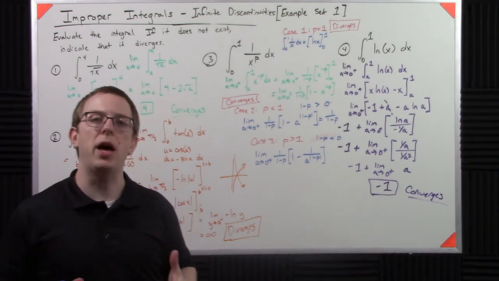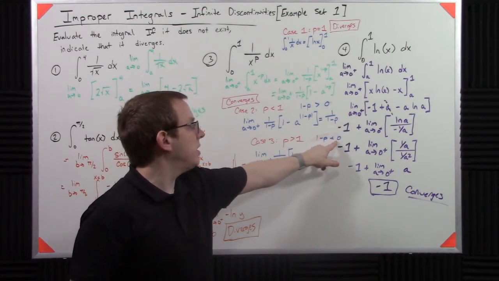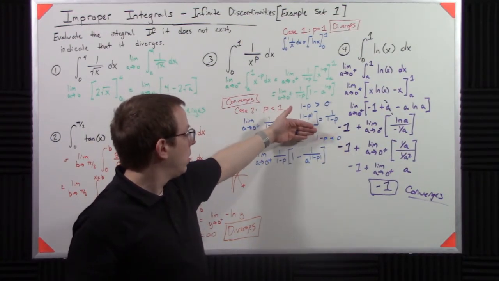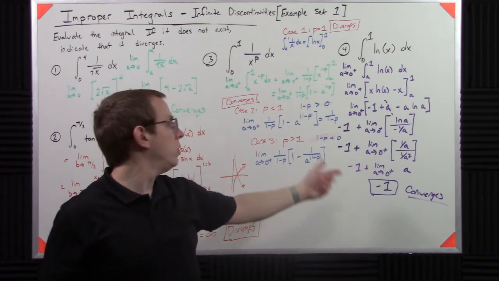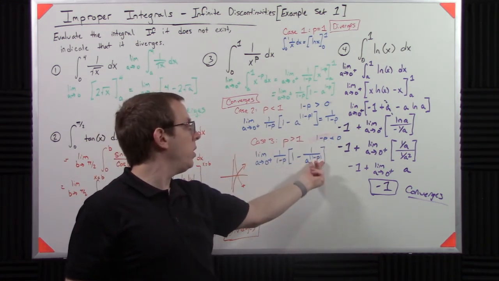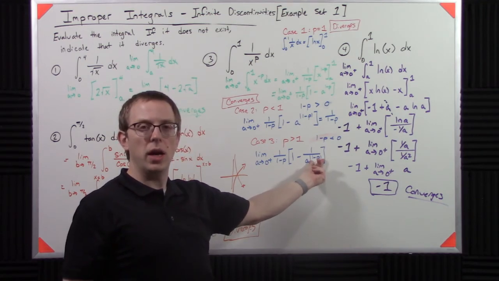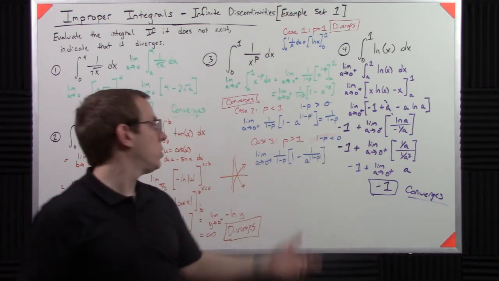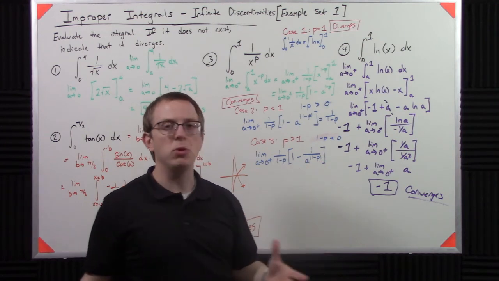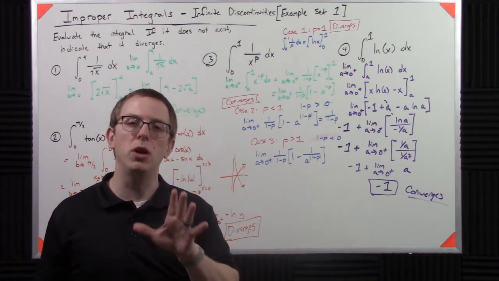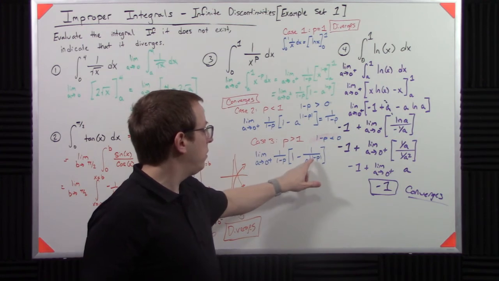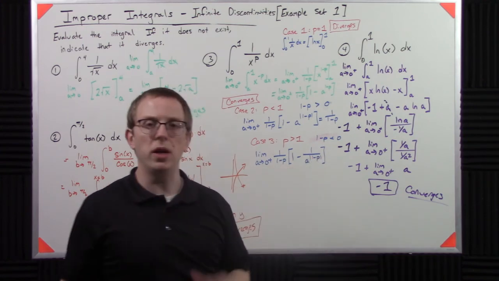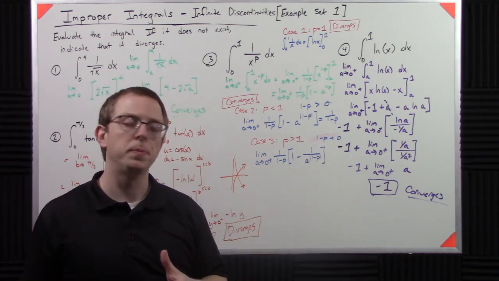Now, why did I do that? Well, if 1 minus p is negative, then we can put it down here and it becomes positive. So we put this absolute value here to tell anybody looking at it that this exponent is a positive exponent.